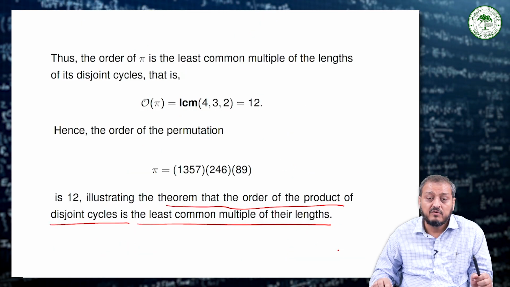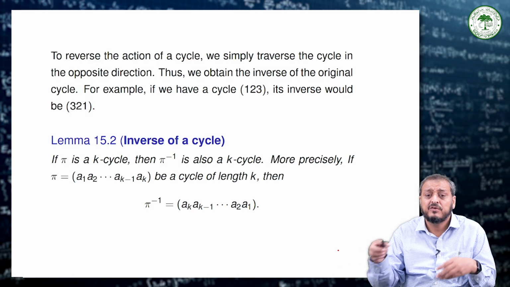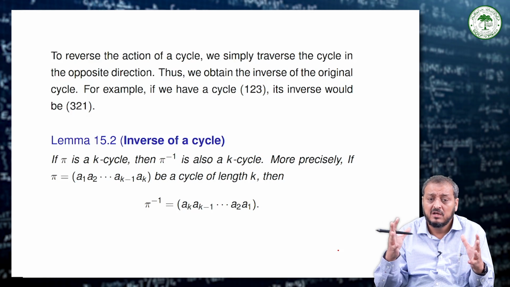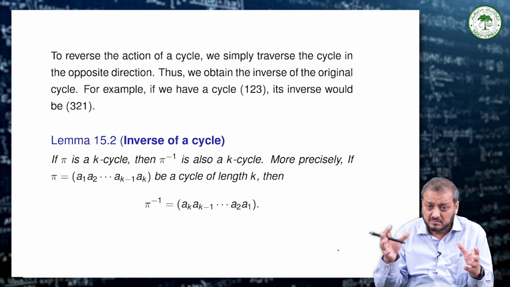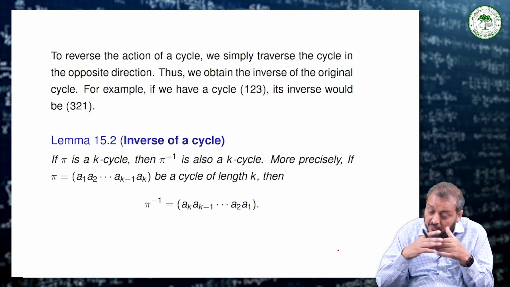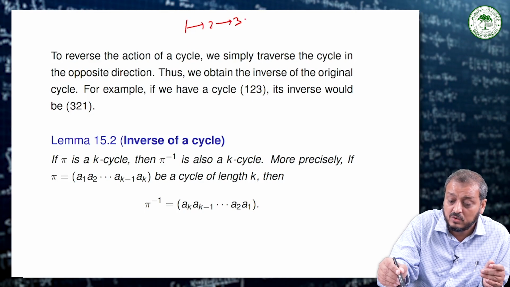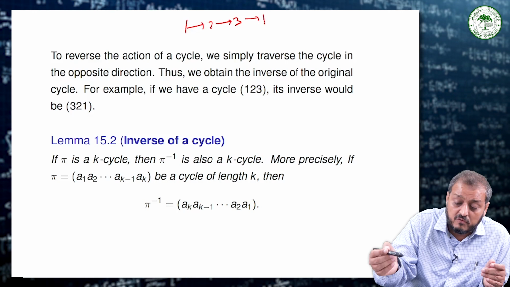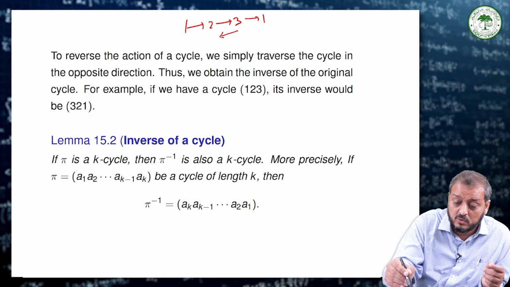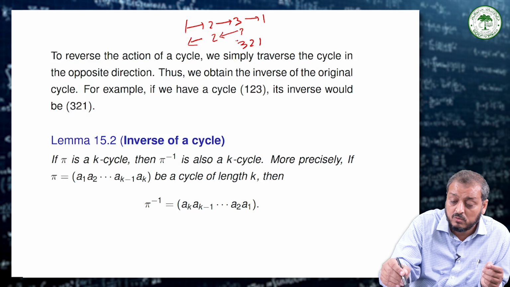Now we move further: the reverse action of a cycle. We simply traverse the cycle in the opposite direction, and thus we obtain the inverse of the original cycle. For example, if we write the cycle 1 2 3, then we write 3 to 2, then 2 to 1, so 3 to 1.